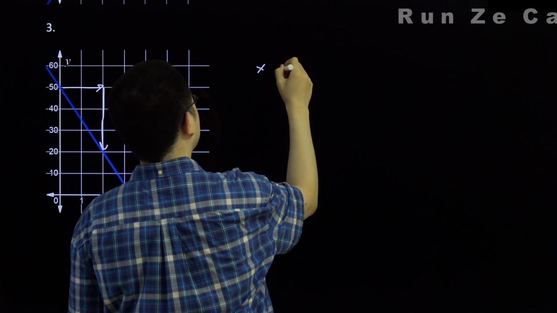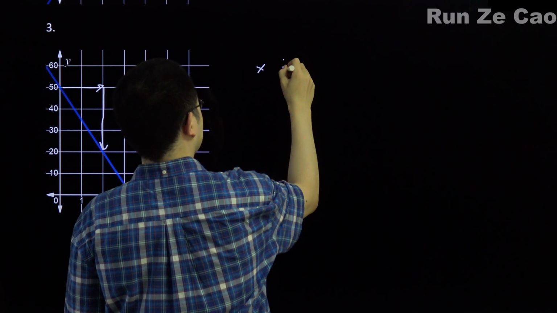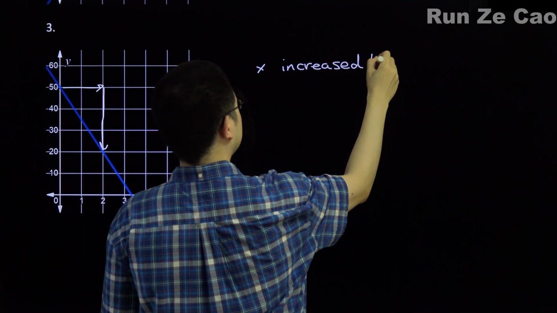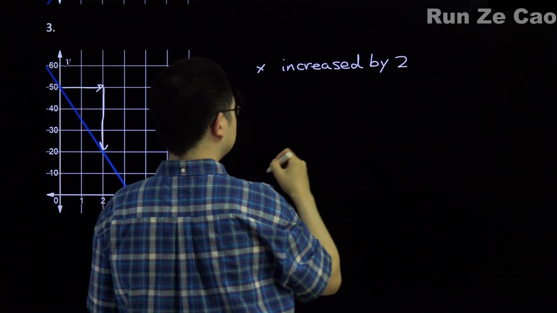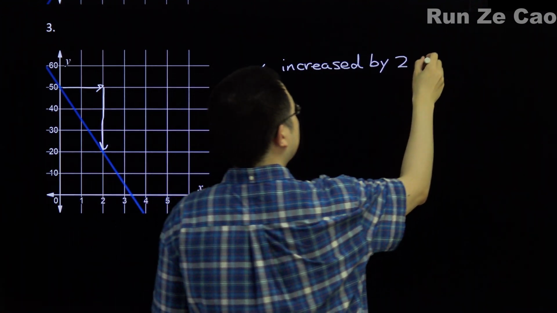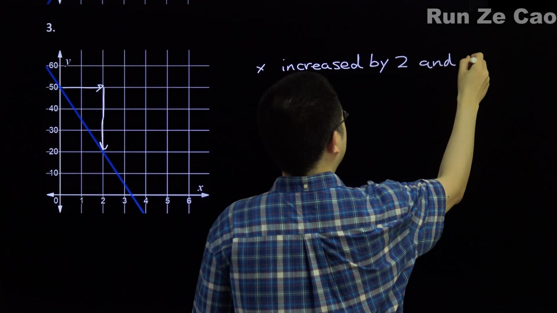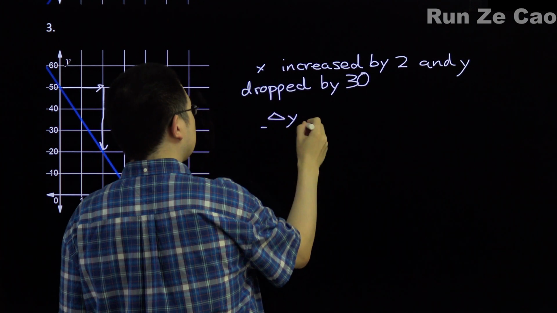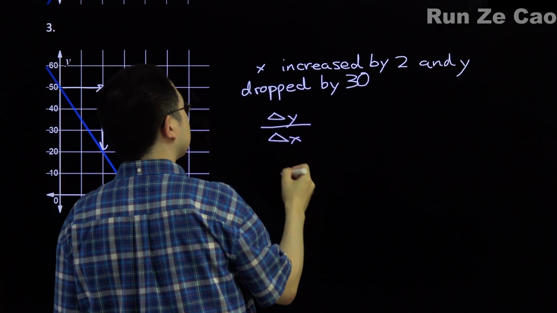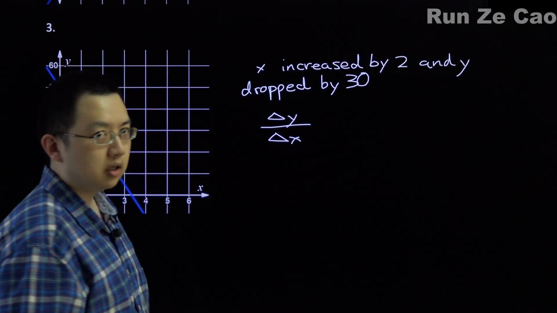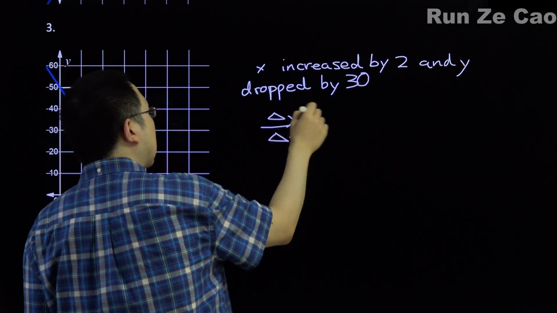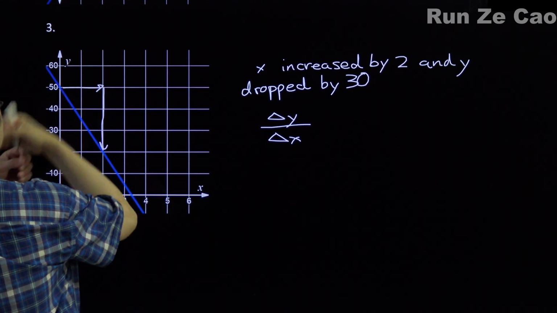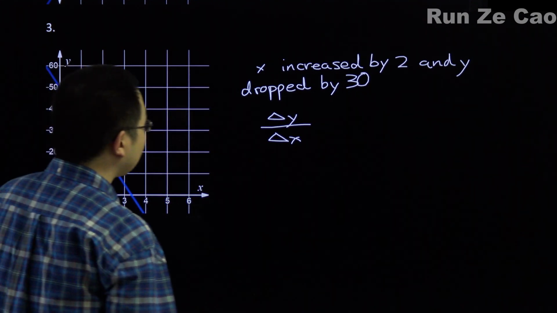So x increased by 2 and y dropped. Do you guys see now why a lot of people just prefer this sort of notation? Or even just rise over run instead of verbally explaining? Because it's a lot less writing.